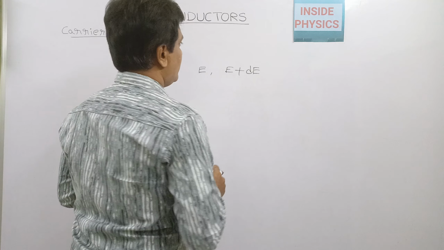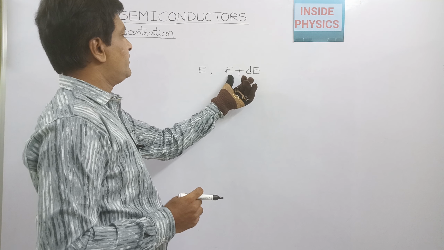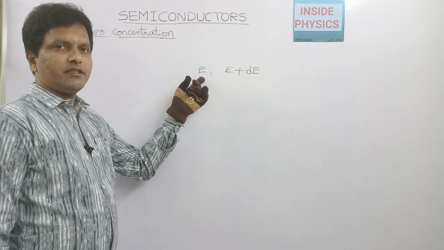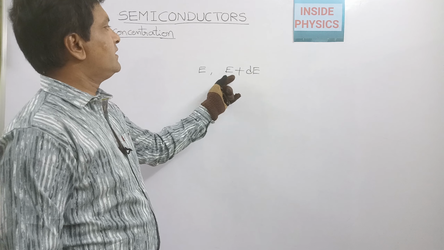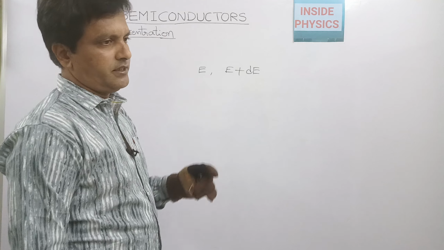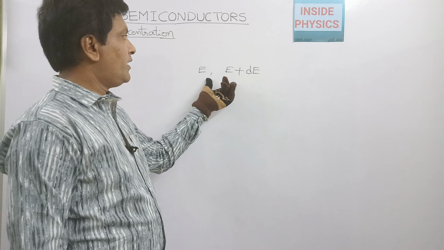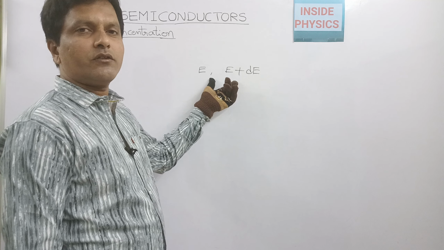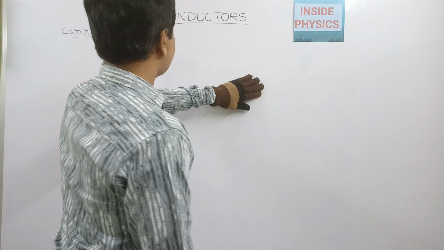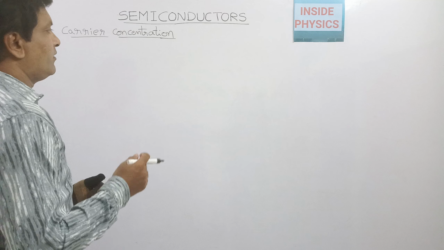That means there is a small difference between E plus dE and E. This is an energy band with energy level E, and there is another energy band with energy level E plus dE. In this energy band we are going to consider the electron density, so that we will find the derivation and thereby the mathematical formula.